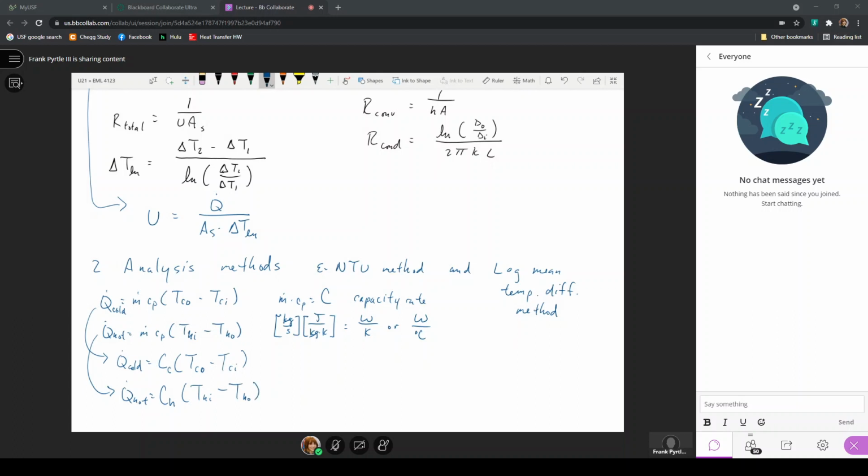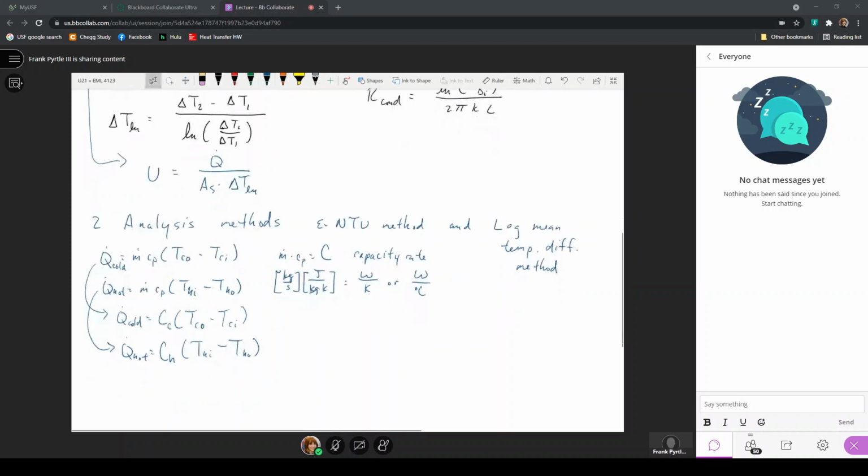So you can write the expression in terms of the product of the mass flow rate and the specific heat, or the capacity rate, which is just the product of those two. But we'll be comparing these capacity rates later, and thus it's convenient to go ahead and define what the capacity rate actually is.